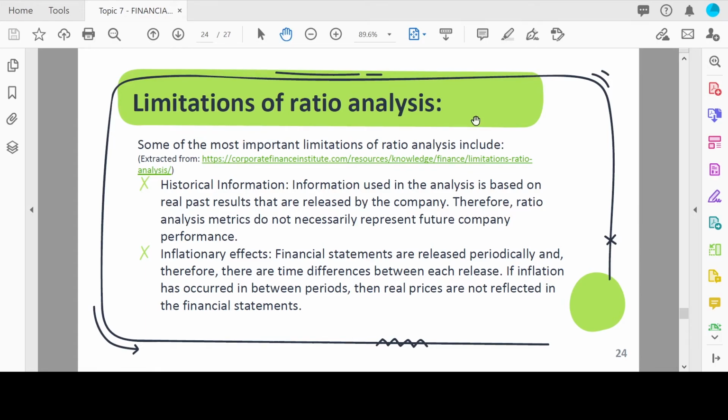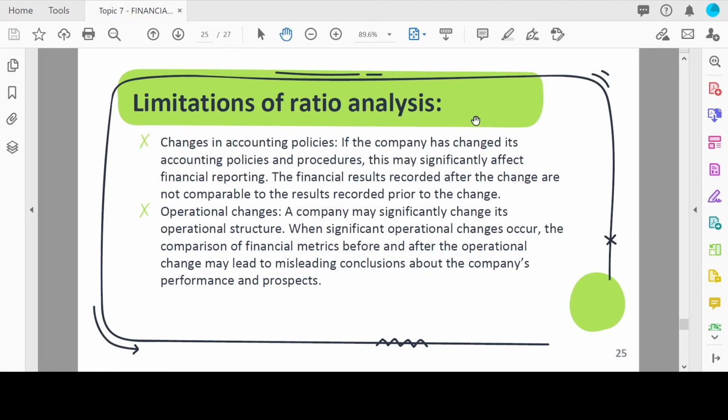Because the financial statements are released periodically, there are time differences between each release, from this year to next year, or compared to the previous year. So the real prices are not reflected in the financial statement. And then changes in accounting policies.